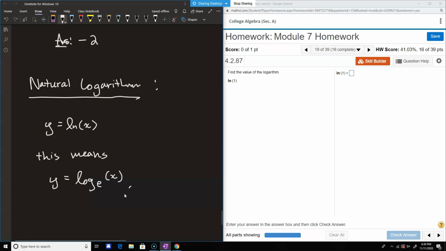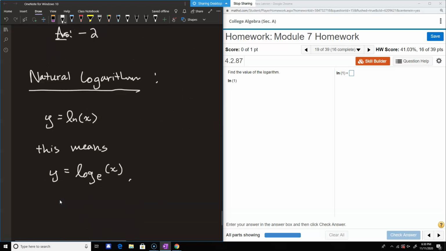This is also very important. This is one of the very important functions in calculus because of properties to do with the derivative. Since it's so common, we don't want to write that base all the time, so they have a special notation instead of writing log with that base of e. Again, you're just answering: e to what power equals x?